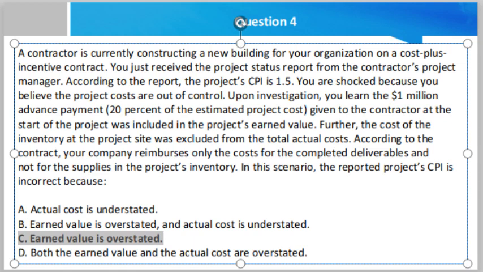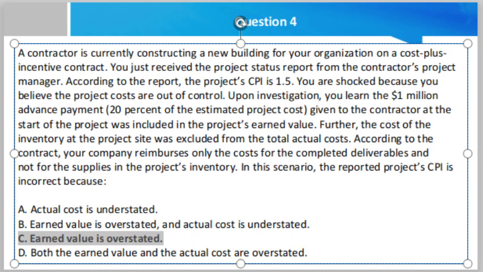Earned value should be the sum of PV, planned value, of all the completed activities. The initial 20% advance should not be part of this. Further, since the buyer is not liable for the inventory cost and only reimburses the cost associated with completed deliverables, the cost of the inventory does not become part of the actual cost until the inventory is consumed during the construction process.